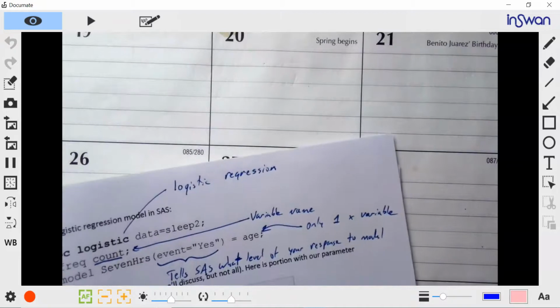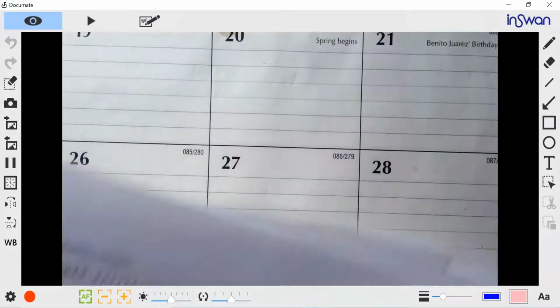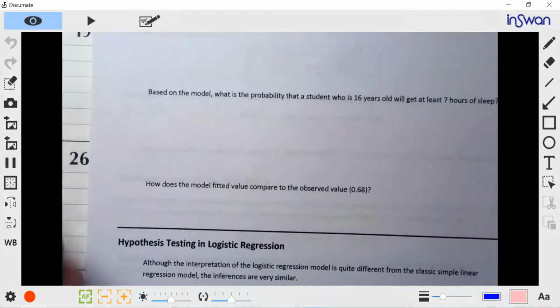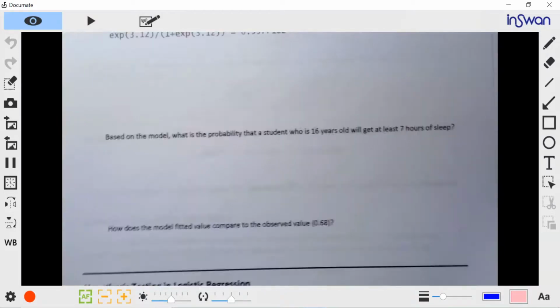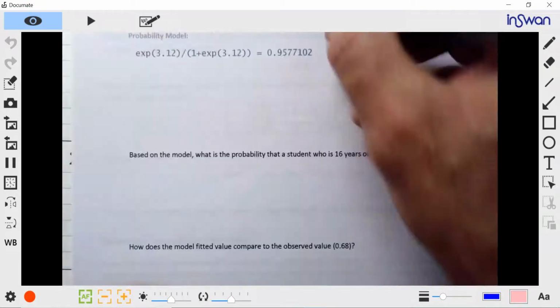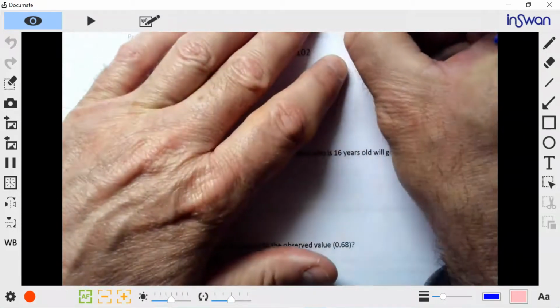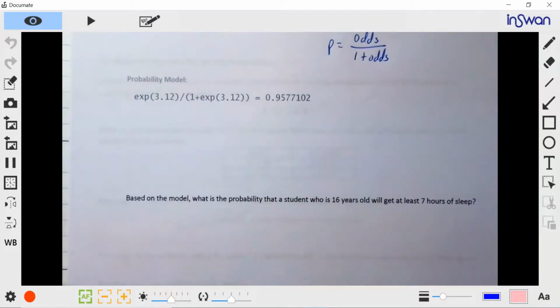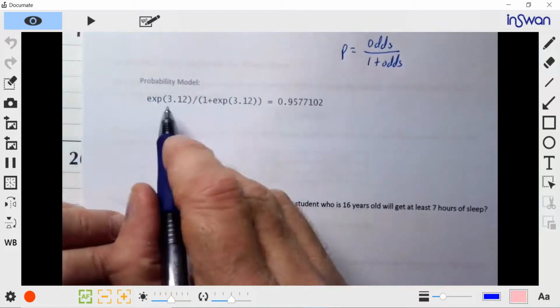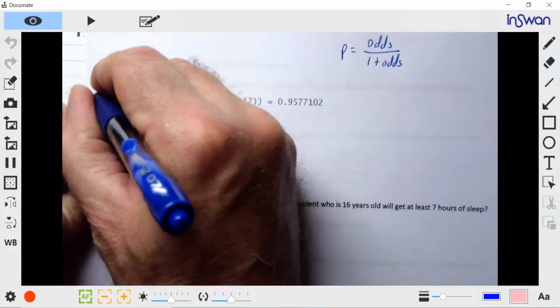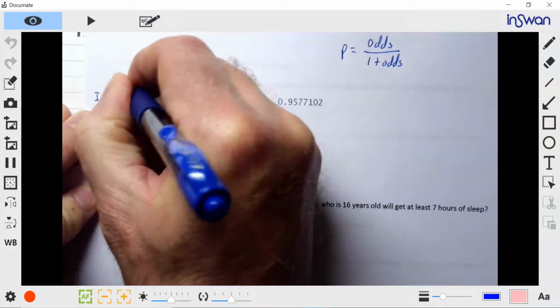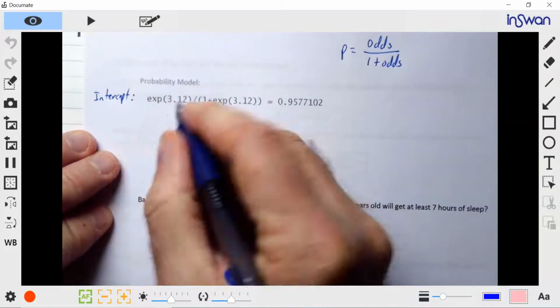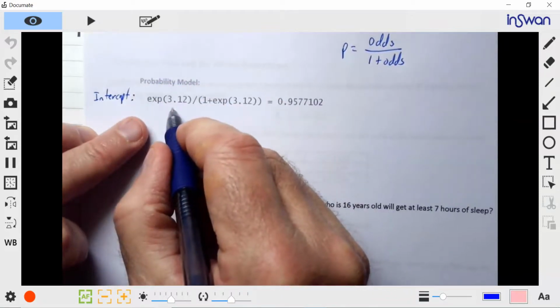So let's see what else we can do with this. Now let's interpret this on the probability model. So remember, probability equals odds over 1 plus odds. So the odds for the intercept, remember, the odds were e to the 3.12.